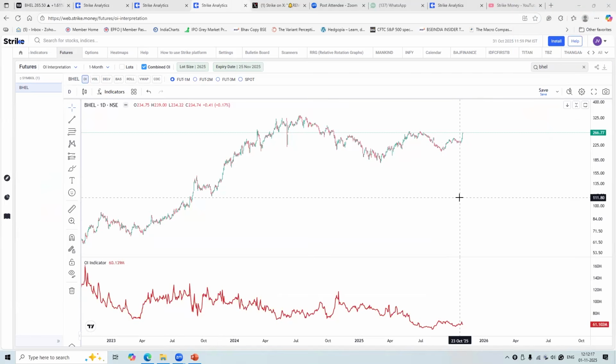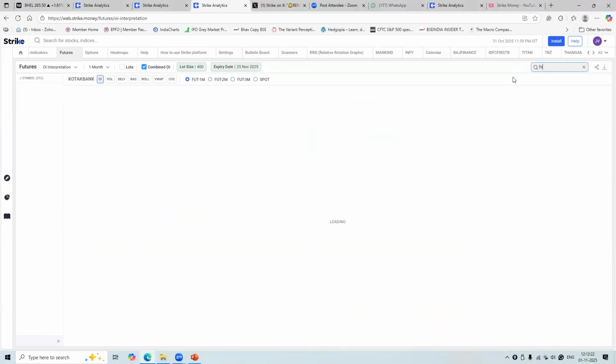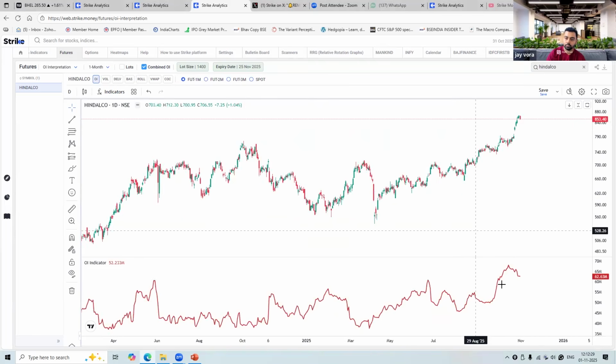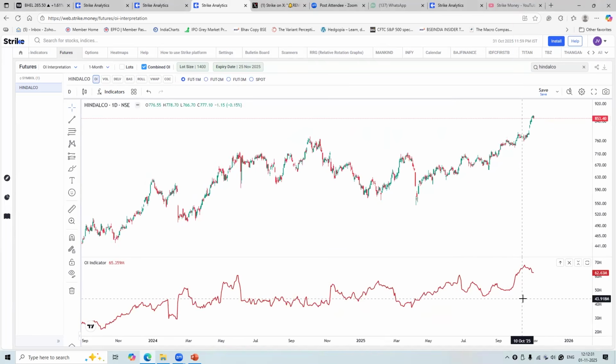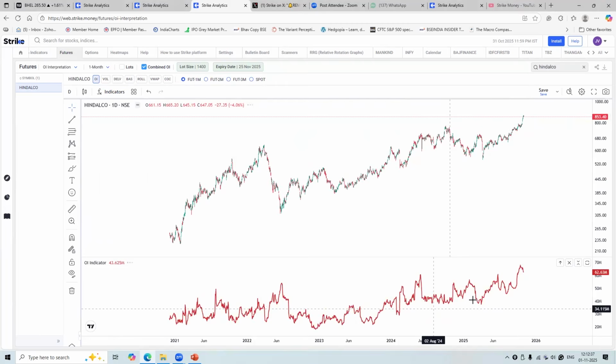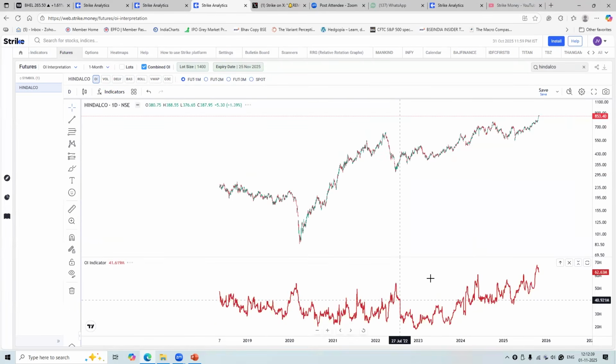There is one opposite thing. That is why I told you to take Hindalco. If that is the last one. Looking at the open interest here, I feel the room for upside is over. Maybe a near-term top has been made.